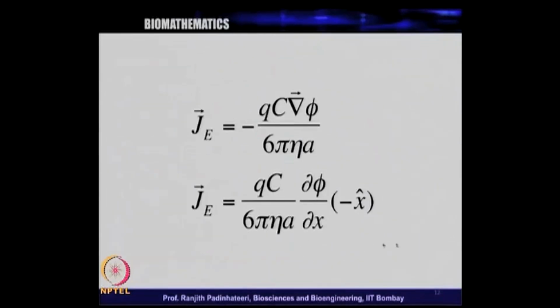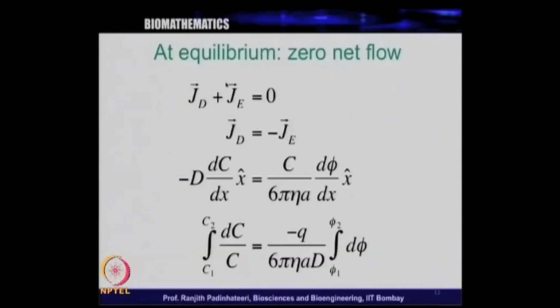Now what does this mean? We have an expression for the current, we have an expression for JE, and we just said that at equilibrium there is no net flow. This means JD plus JE equals 0, that is, the net flow at the partition is 0, so JD is equal to minus JE.